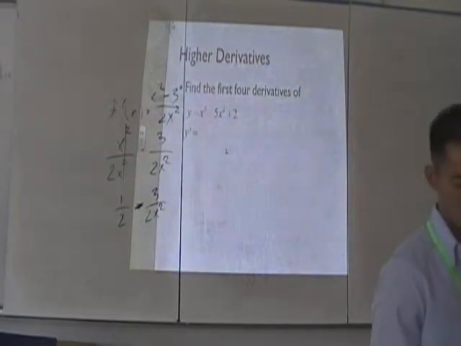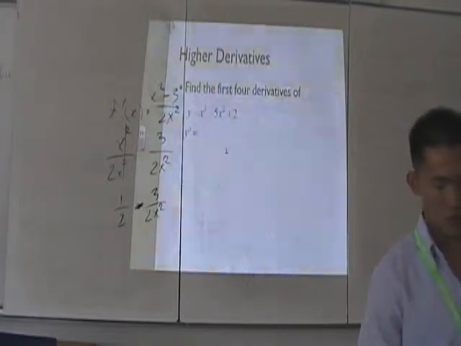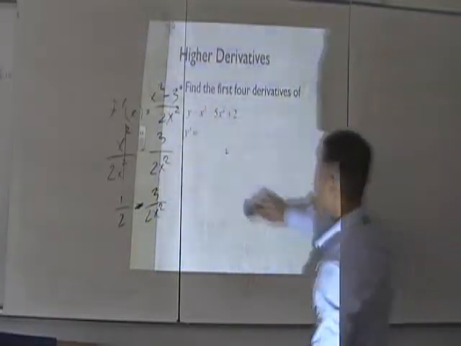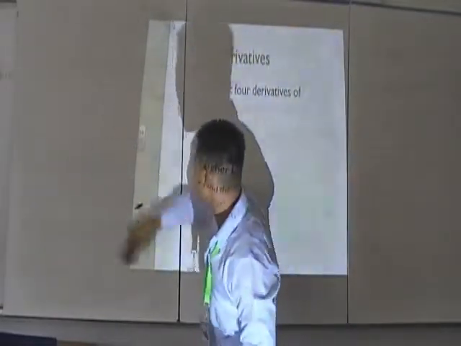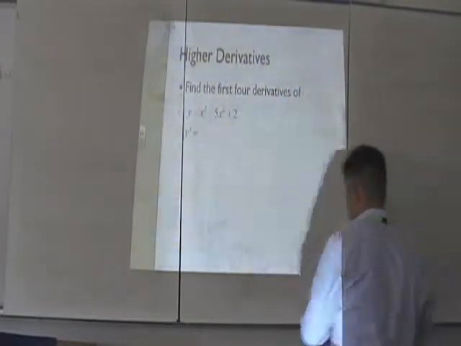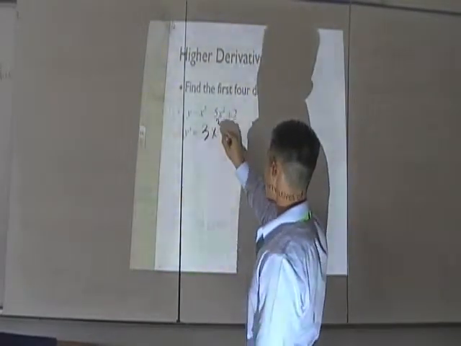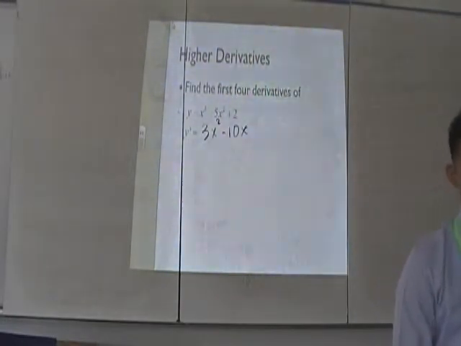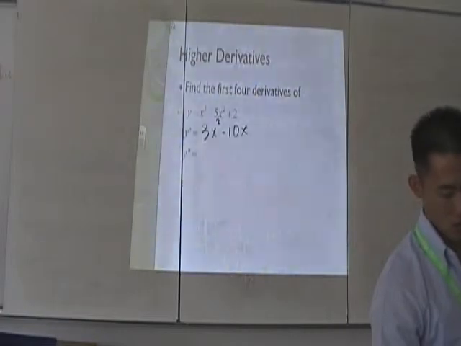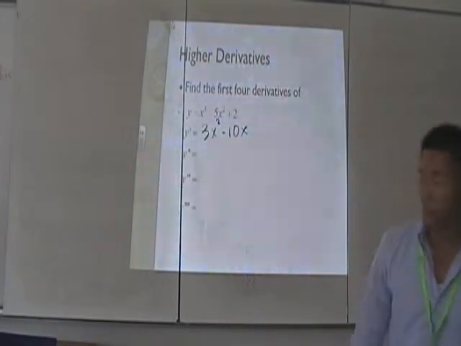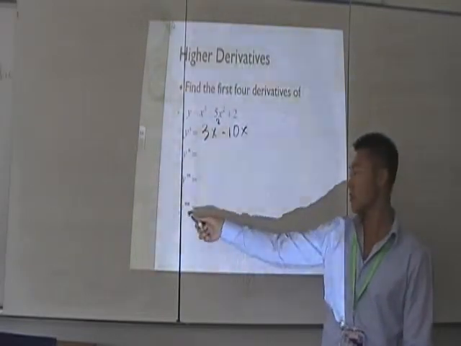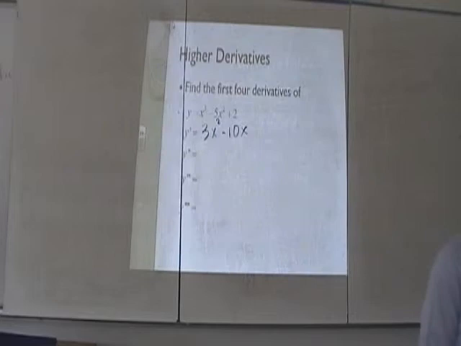So y prime equals 3x squared minus 10x. Any questions there? So this is y prime, y double prime, y triple prime, y quadruple prime. Go ahead and find the other 3.